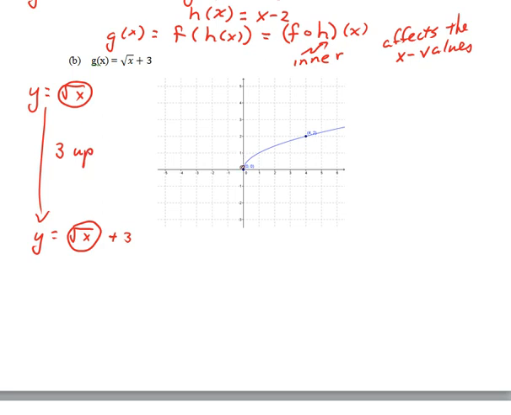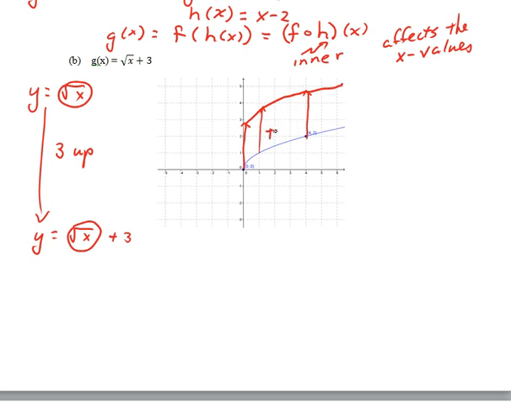So (0, 0) goes up to (0, 3), (1, 1) goes up to (1, 4), and (4, 2) goes up to (4, 5). The new graph would look something like this.